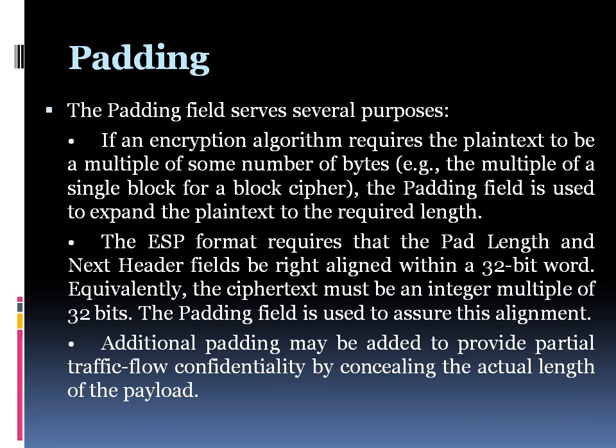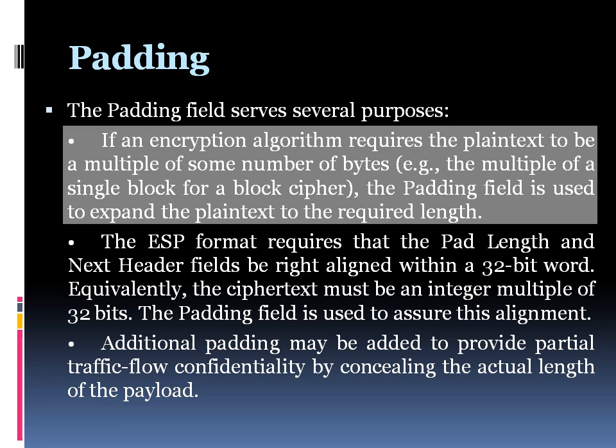So here we have the importance of padding. The padding field that we saw in the ESP format serves several purposes. Firstly, if an encryption algorithm requires the plain text to be a multiple of some number of bytes, then the padding field is used to expand the plain text to the required length.